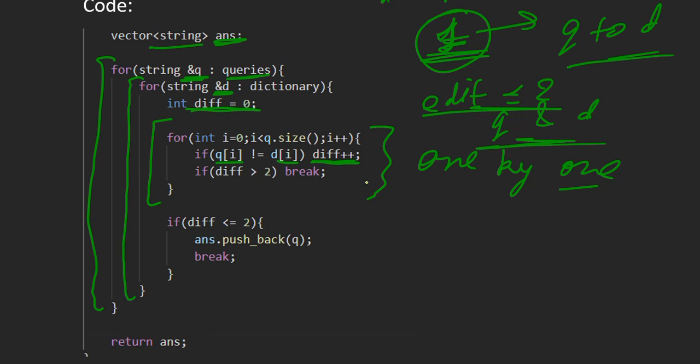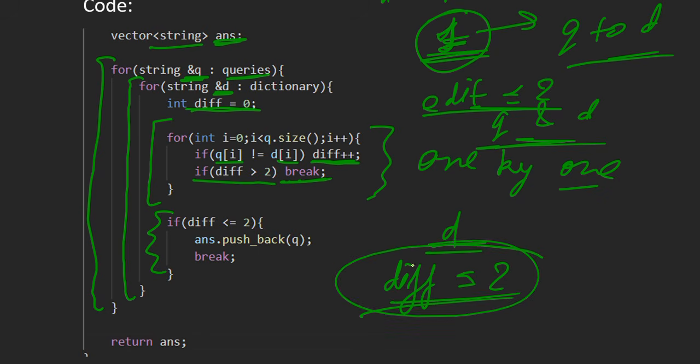So if the difference is greater than 2, that means the word q can't be converted to the word d. Then we stop comparing, take the next word from the dictionary, and compare with that word. But if after comparison our difference is less than or equal to 2, that means we can convert q to d.